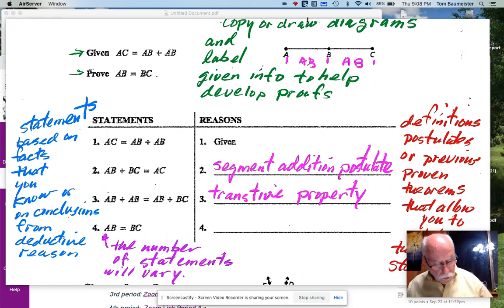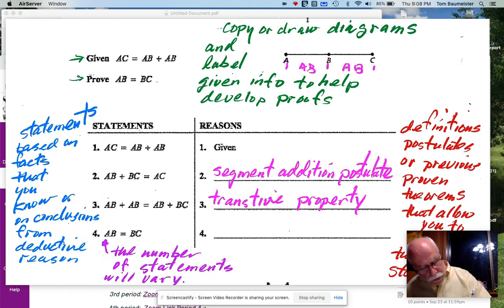Okay, and then remember, we always have to give a reason for the last statement too. And what are we going to do here? Kind of look at what we did. So how do we get from AB plus AB and AB plus BC to AB and BC equal? Well, if you think about it, what we just did there is if I subtracted AB on this side and I subtracted AB on this side, those ones would go away, correct?